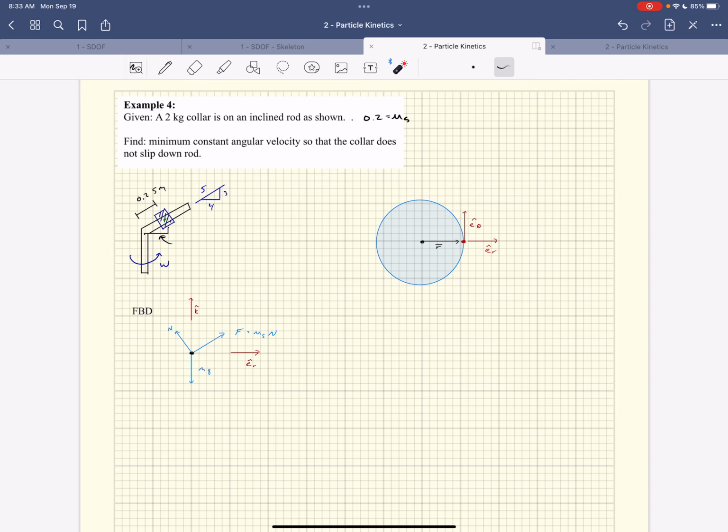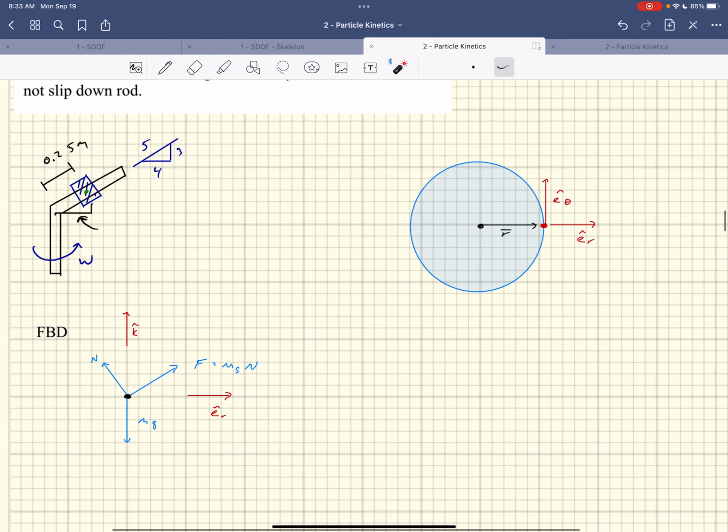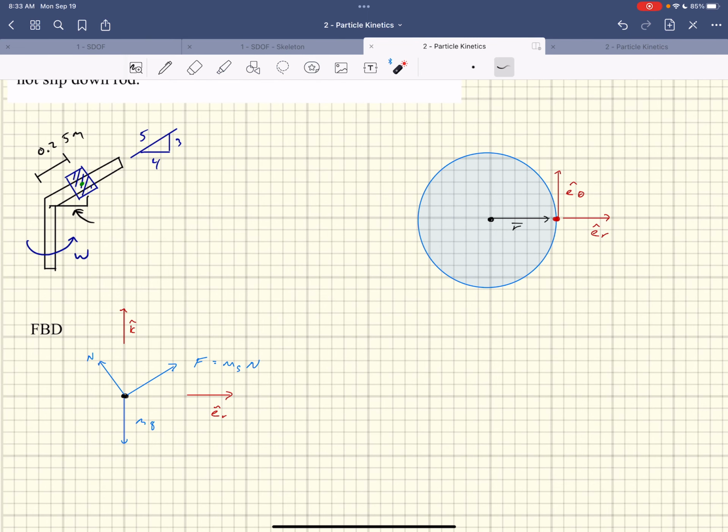And then over here, what's that? I said that doesn't make sense. To me, it looks like E theta should be going in the normal direction, and ER would be in the theta direction. You'd be right if we were looking at it that way. If I was looking back at it in that direction, then E theta would be to the right. But I'm an observer, a person right here, looking at that point right here, and that guy's pointed to the right.